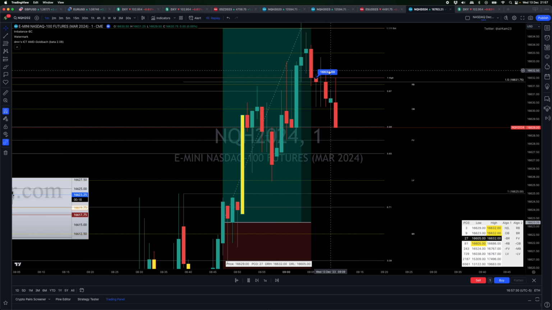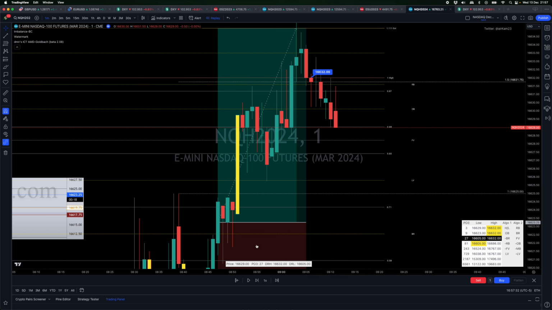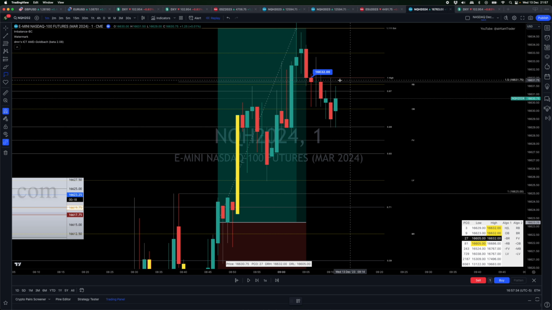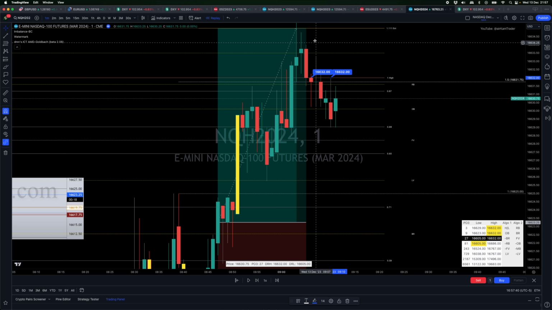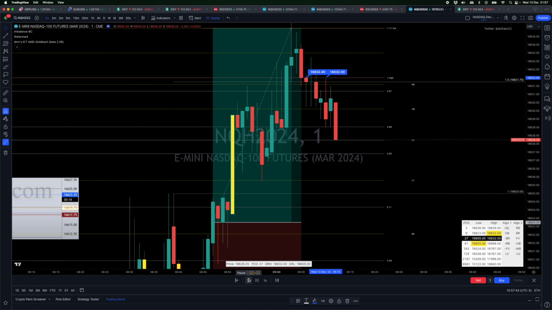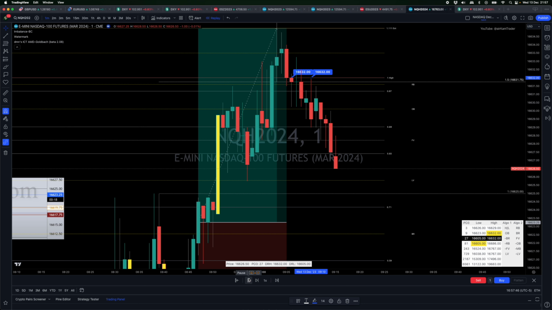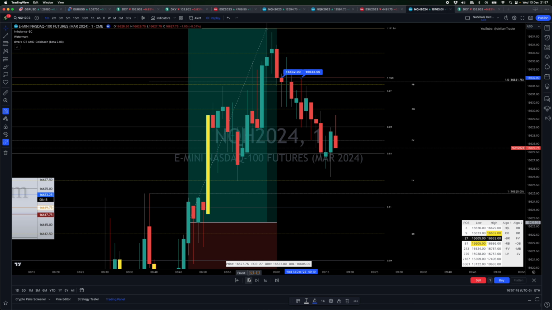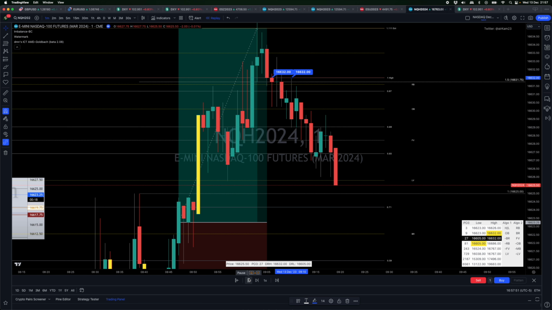And then he shorted from, look at this. You telling me this is random? Right, and then he shorted from the high of the dealing range back down. So you can go analyze that trade yourself, his short.